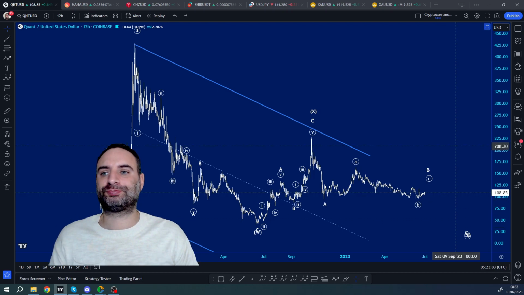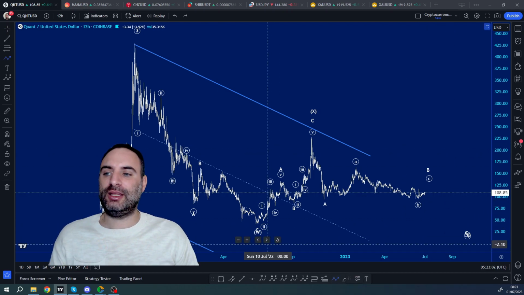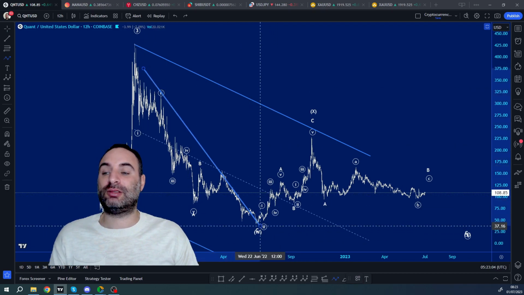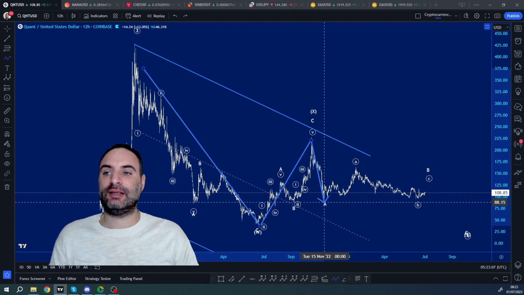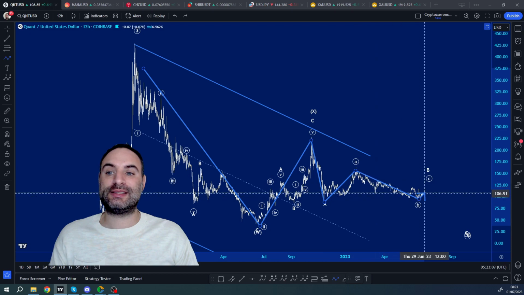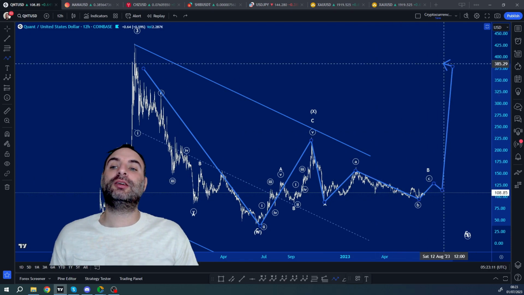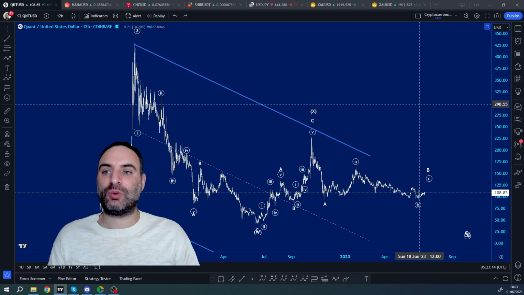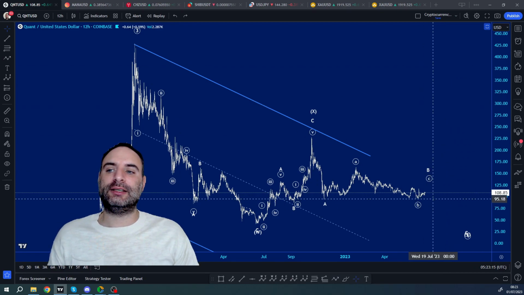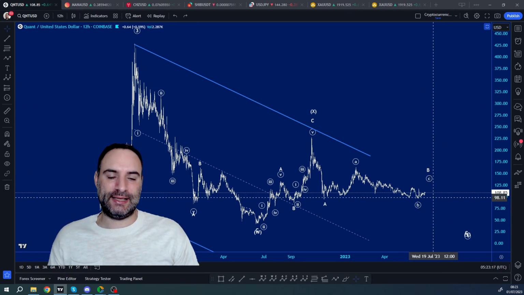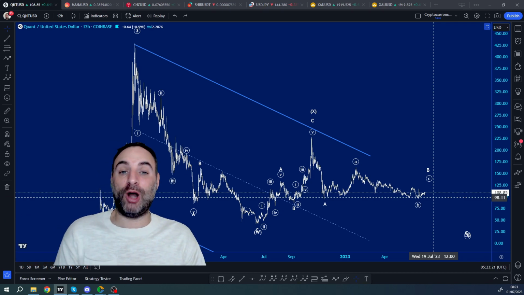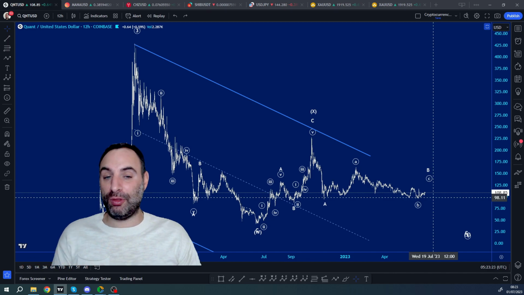Imagine this. Now, in this case, of course, maybe W and X, and we might get A, B, C, D, and E, and we go all the way up. It's just that what I don't like here is, what are you going to get? A descending triangle in a predominantly downward market in a double 3 wave Y?